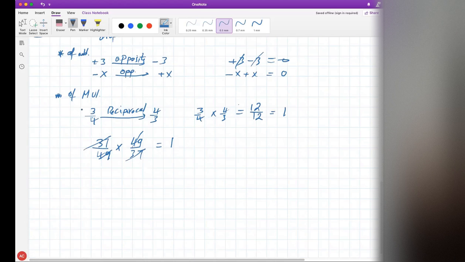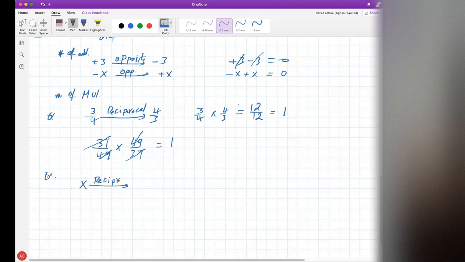So the number could be a fraction already, but sometimes it could be just a whole number, for example, 5. In general, for any real number x, what is the reciprocal of x? 1 over x.